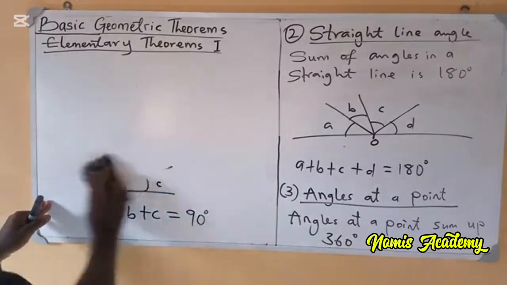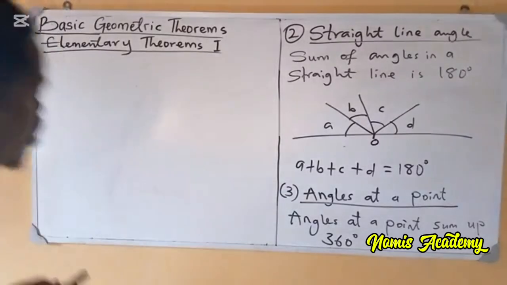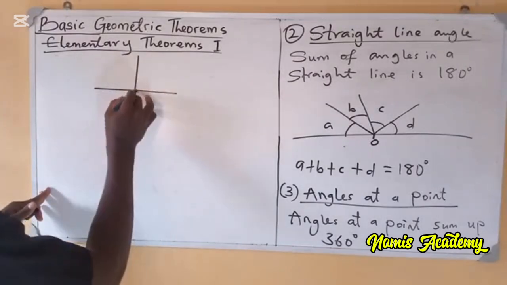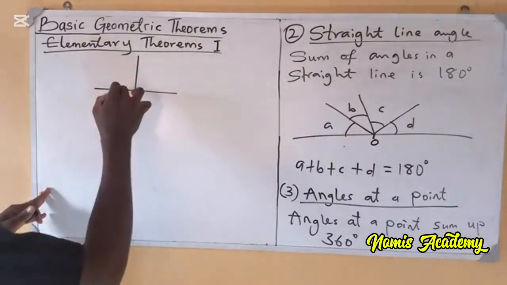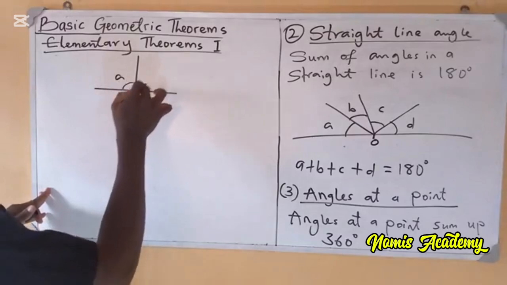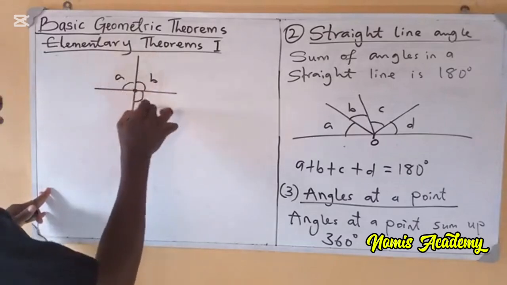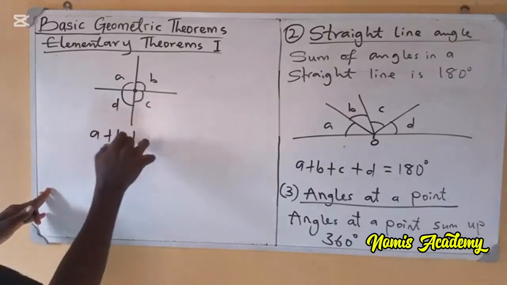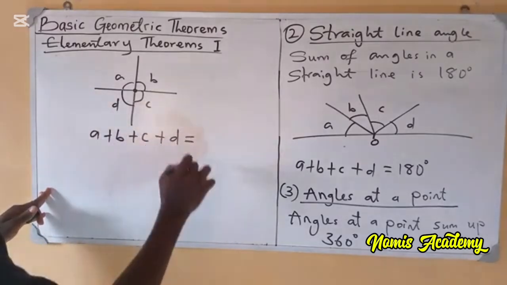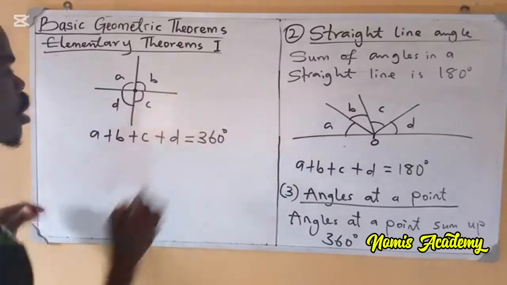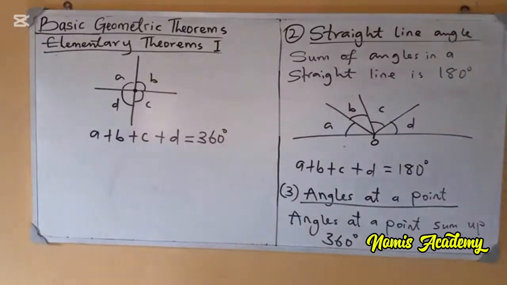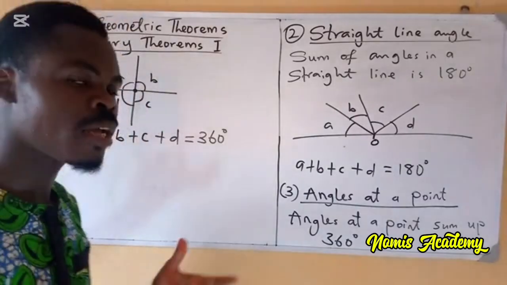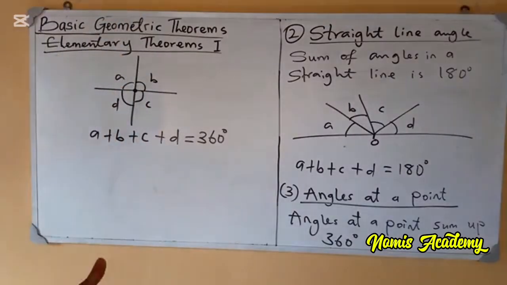Okay, so we have this as the explanation. We have angles at the point. This is the point. So we have angle A, angle B, angle C, and angle D. Now we have A plus B plus C plus D equal to 360 degrees. So if you understand these basic theorems under geometry, you should be able to solve problems.